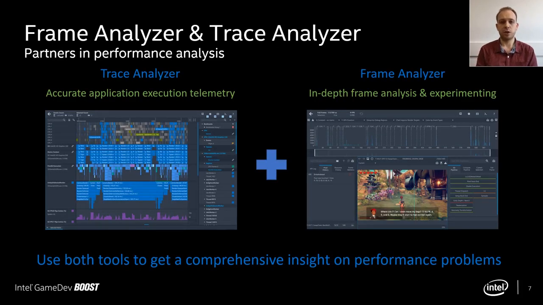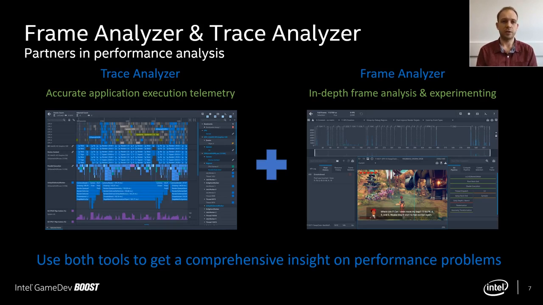So in this presentation, I will use trace analyzer and frame analyzer to profile the application, and I will show that usage of them both allows you to look at the same performance problem from multiple angles, and therefore increases the efficiency of your profiling and gives you more data.